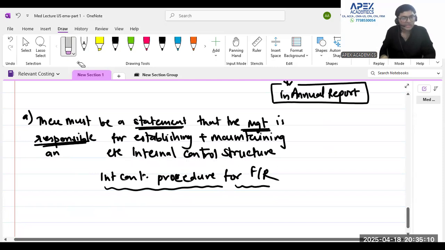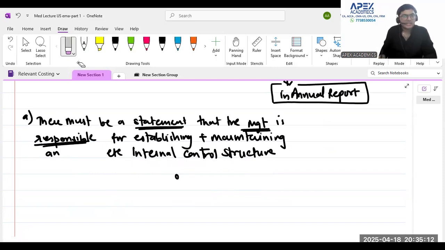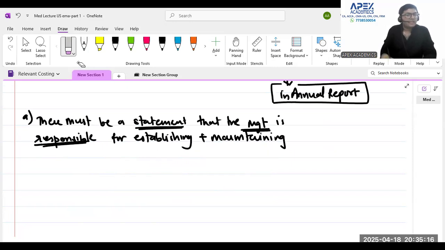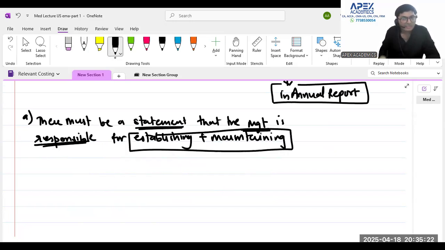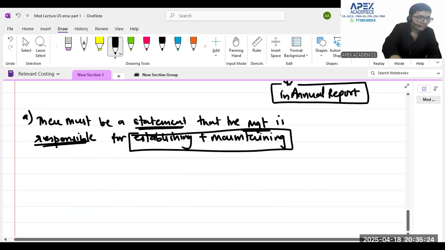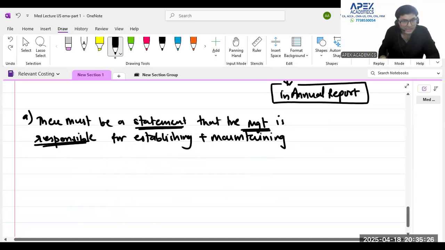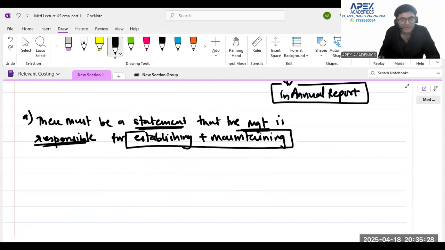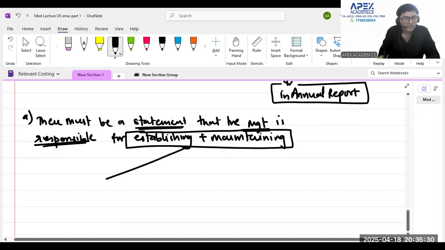So please try to understand, we are rewriting this in a more student friendly way.